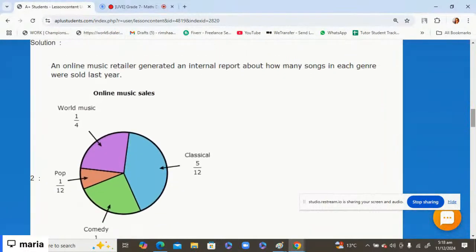Let's move to the next question. An online music retailer generated an internal report about how many songs in each genre were sold last year.